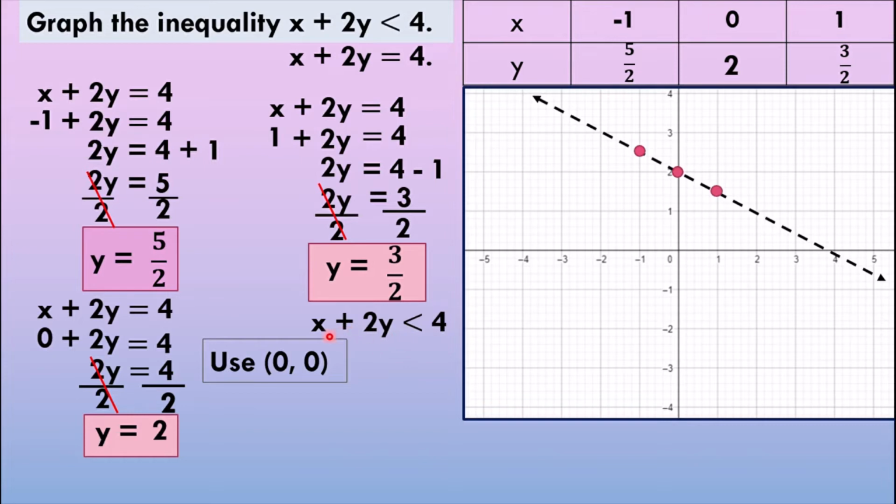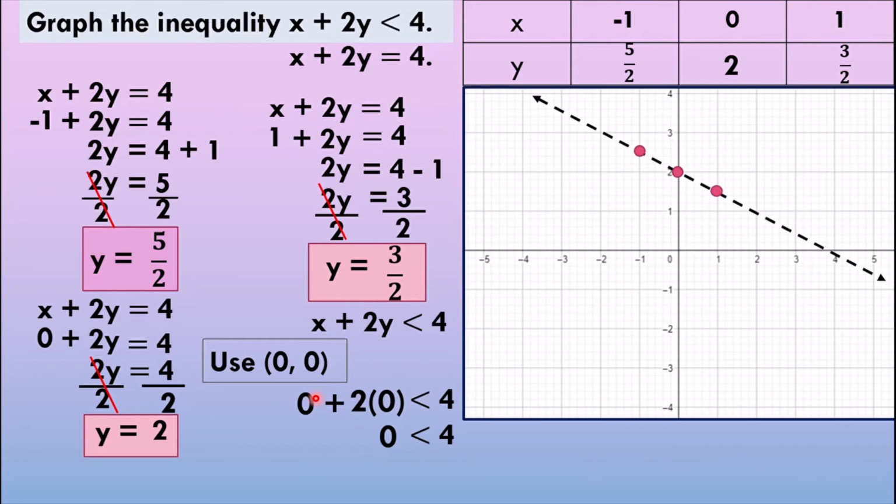Okay, so using the linear inequality in two variables, x plus 2y is less than 4. So, x is 0 plus 2 times y. So, y is 0. 2 times 0 is less than 4. Then, 0 plus 2 times 0, we have 0 is less than 4. 0 is less than 4. So, that is correct.